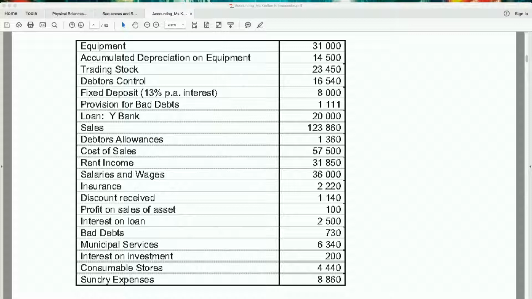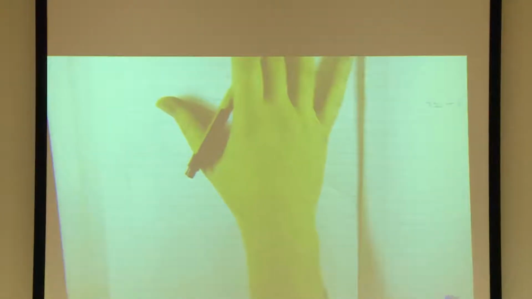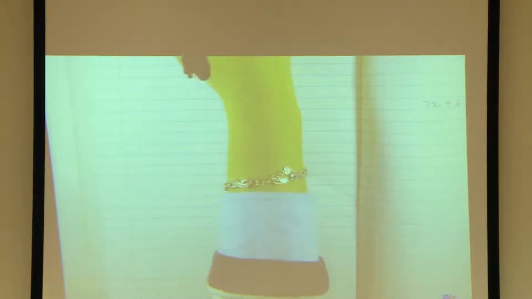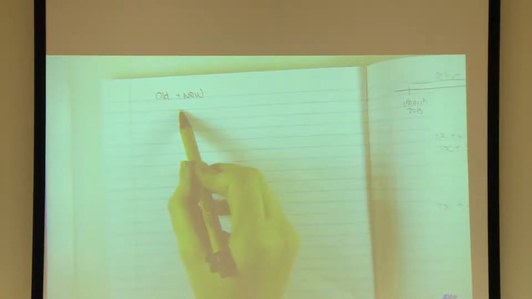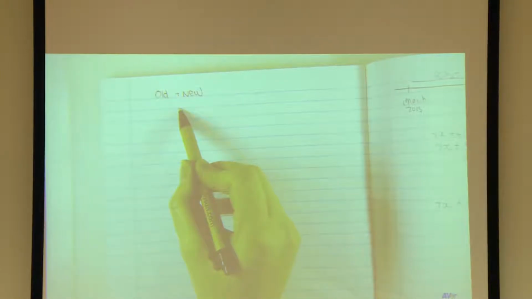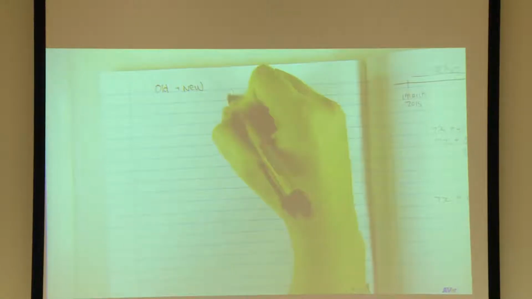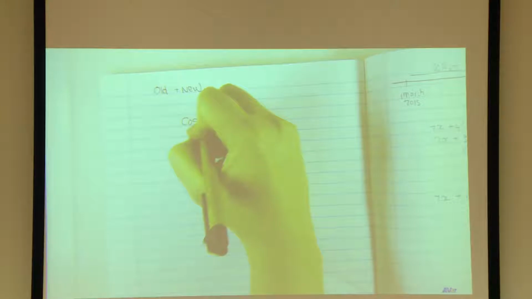Right. You started with depreciation in grade 10, where depreciation was calculated on the old plus the new. Now, when calculating depreciation, there are 2 methods. Firstly, calculating it using the cost.